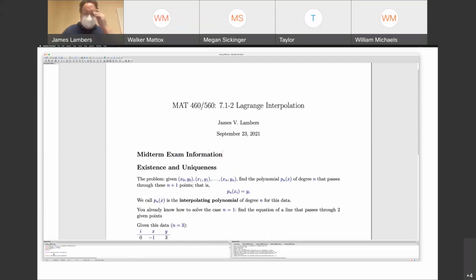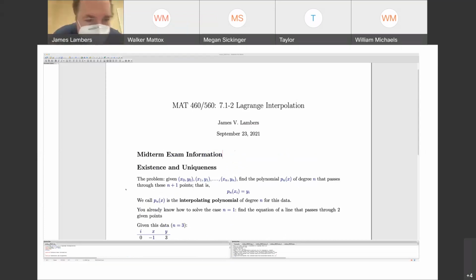Make this browser window bigger so I can see what I'm doing. Look at the schedule. Okay, so the midterm exam is October 14th.